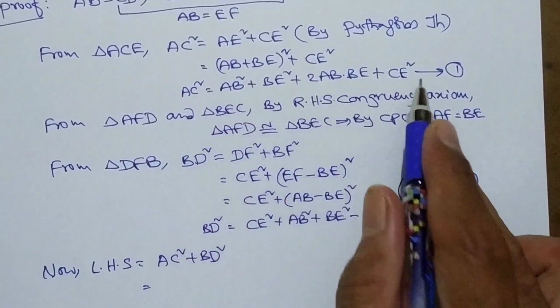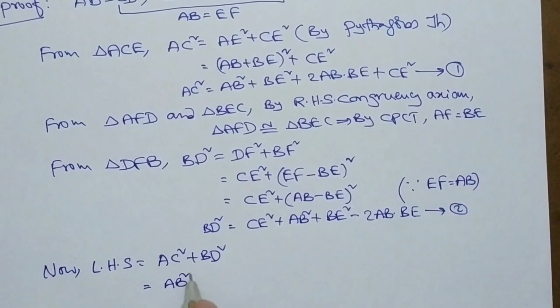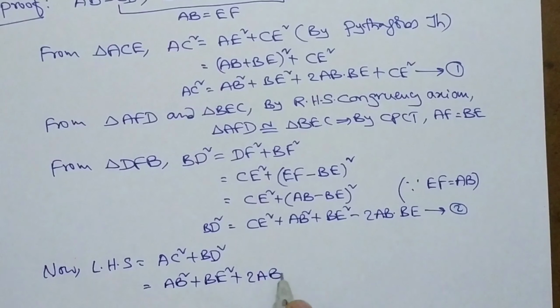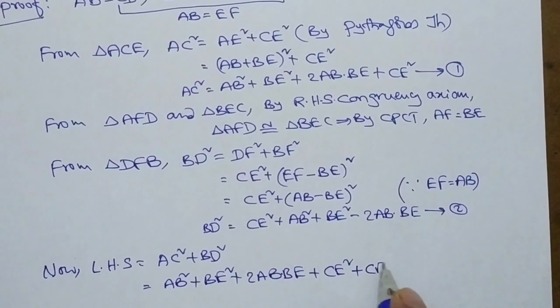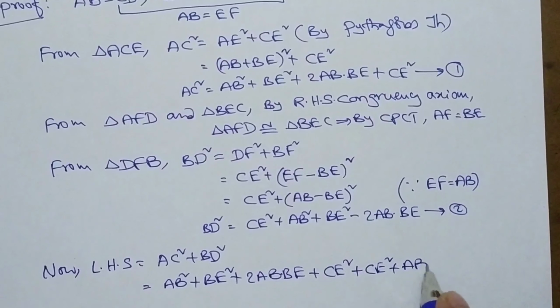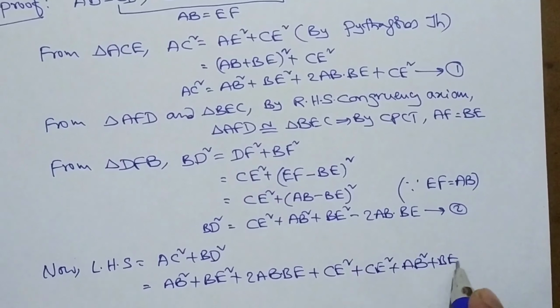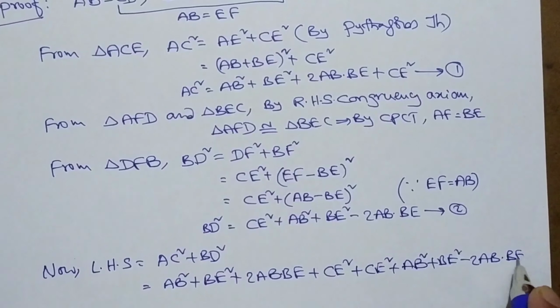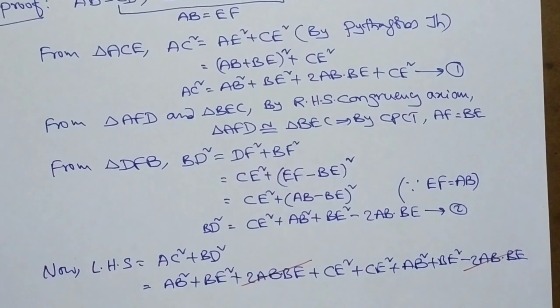So let us copy the full, that is AB square plus BE square plus 2AB into BE plus CE square, plus for which this is to be added CE square plus AB square plus BE square minus 2AB into BE. Now here this is the positive term, this is the negative term, they get cancelled.